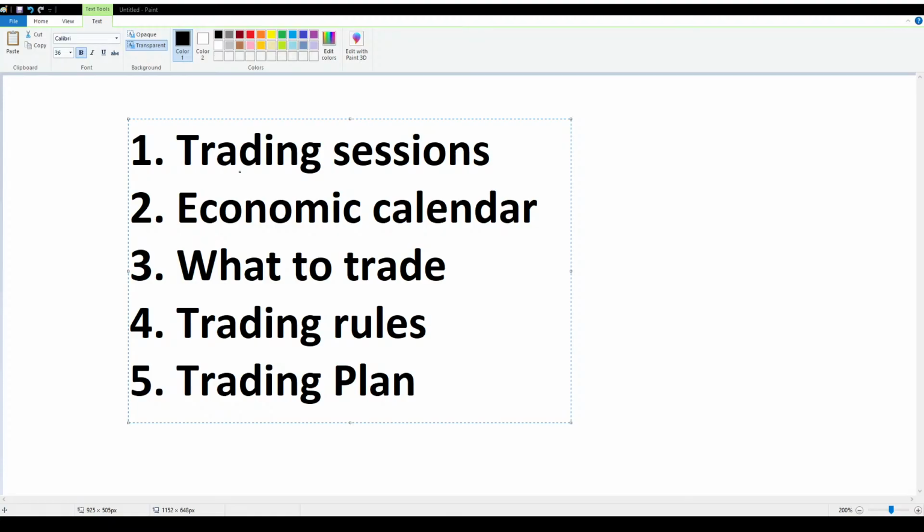Now, let's also talk about something else that's part of our trading plan. When we talk about a trading plan, we want to include as much information as possible. Also, you need to select the correct leverage for the account.